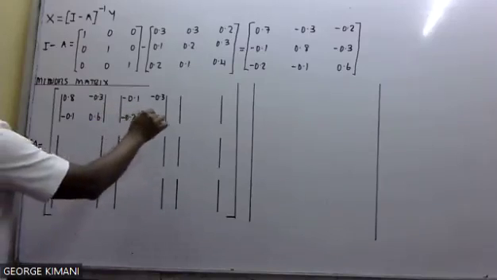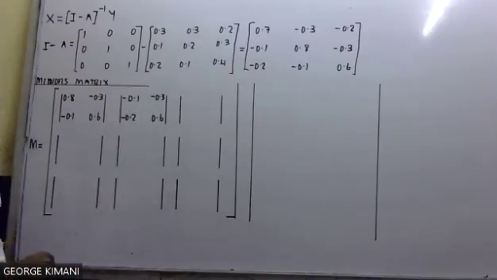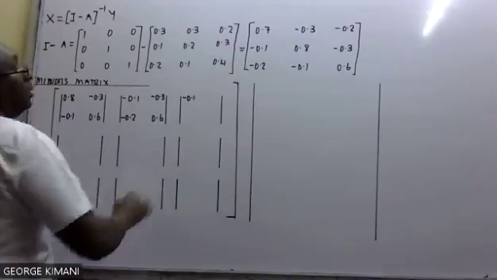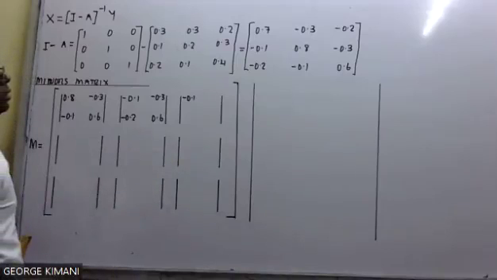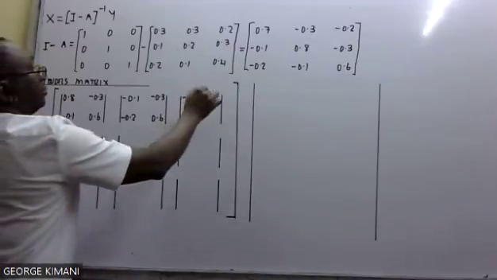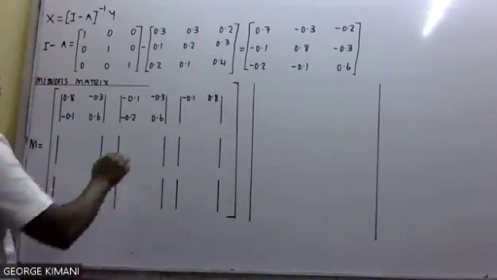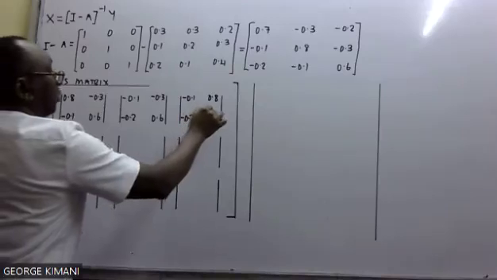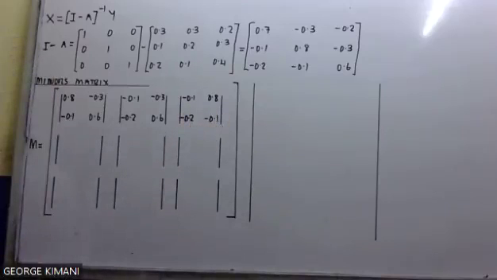Then the third one is negative 0.1, 0.8, negative 0.2, 0.1, negative 0.1. Perfect.